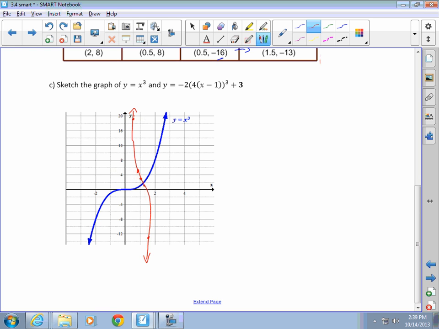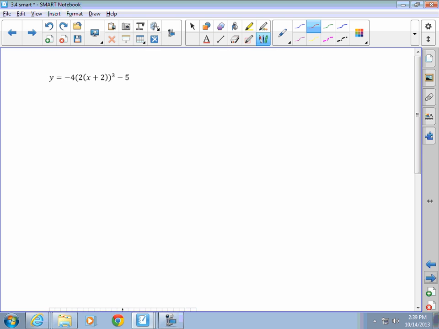Okay, so let's try this for another graph. I have y equals negative 4 times (2 times (x plus 2)) all cubed, minus 5. A is equal to negative 4, b is equal to 2, h is equal to negative 2, and k is equal to negative 5.